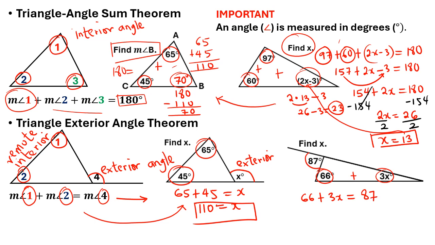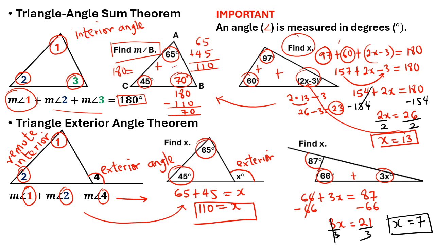Again, we can solve the simple equation by subtracting 66 from both sides. We cross the 66 out. You have 3x is equal to 21. All right, and then we'll divide both sides by 3, and x will equal 7.